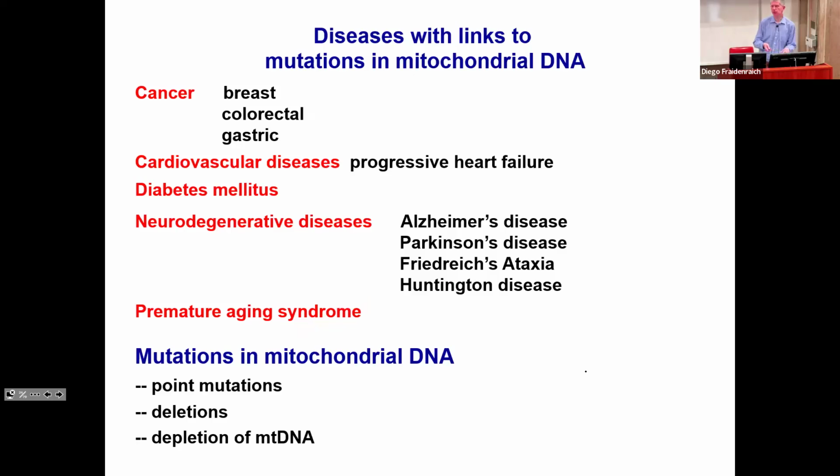Premature aging syndrome: it was observed that people of advanced age lose a certain portion of mitochondrial DNA. As I told you, there could be huge variation in the number of mitochondrial DNA molecules, going from 100 to a couple thousand. So you would see a threshold level of normal full-sized mitochondrial DNA versus those with a truncation.